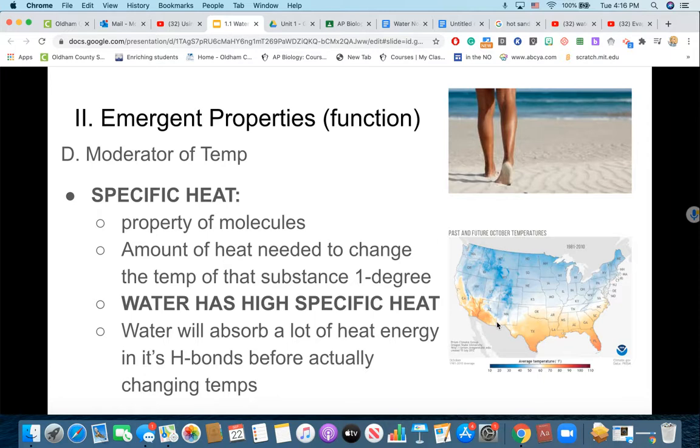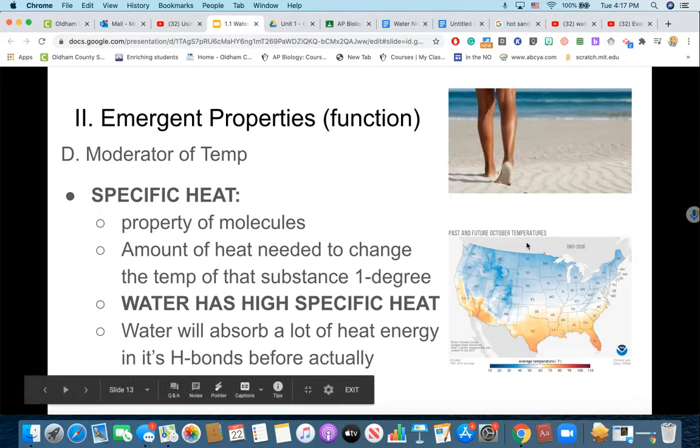So in the summer, these coastal climates are pretty moderate because the ocean absorbs a lot of that heat energy. And then in the winter, these coastal climates are pretty moderate as well. They're not crazy cold because the water gives back that heat energy to the land. So staying near a large body of water like the ocean can be beneficial in maintaining your temperatures.